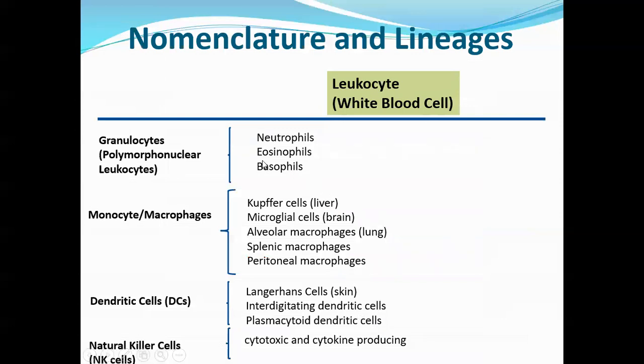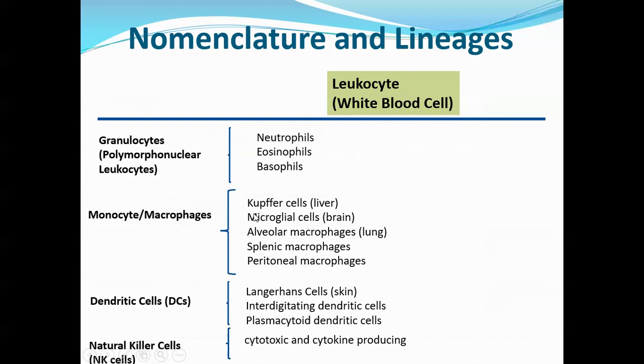So this is just repeating what I just said, that within these granulocytes, we have neutrophils, eosinophils, and basophils. In the monocyte macrophage lineage, there's a class of macrophages that, when they get differentiated, instead of circulating through the blood, are fixed tissue macrophages.